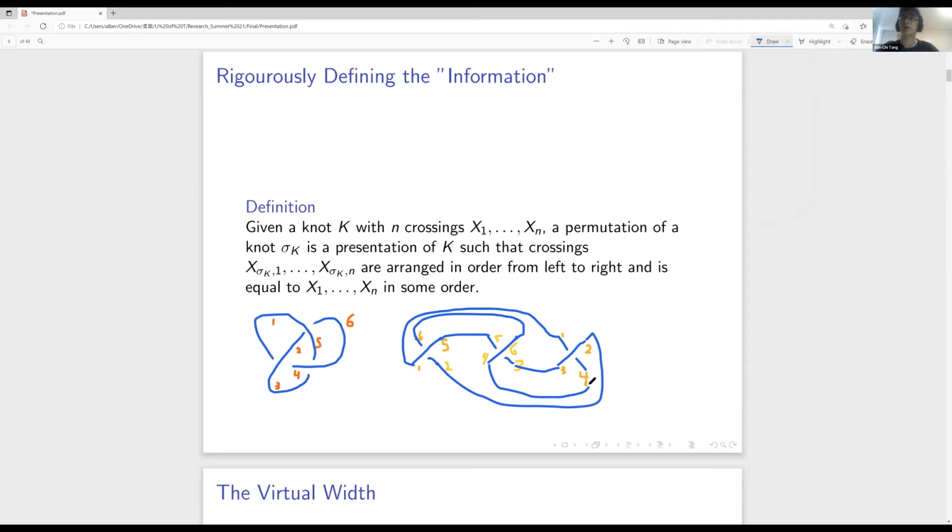And there I created a permutation based on just putting the crossings in a different order and keeping kind of bookkeeping of the line segments that come out of it. Does that make sense? So you're just taking the crossings and then flattening the picture so the crossings occur in like a line from left to right?